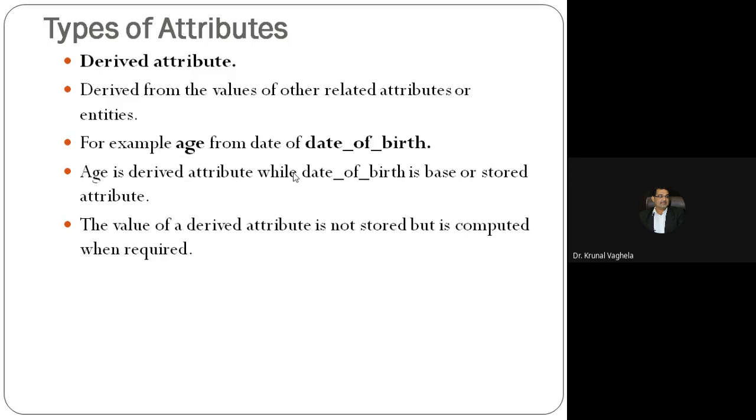Simple. Because it's wastage of the space. If you are having 1 million customers, and you are storing the birth date as well as age, it is wastage of memory. Right. So derived attributes are not stored into the database.